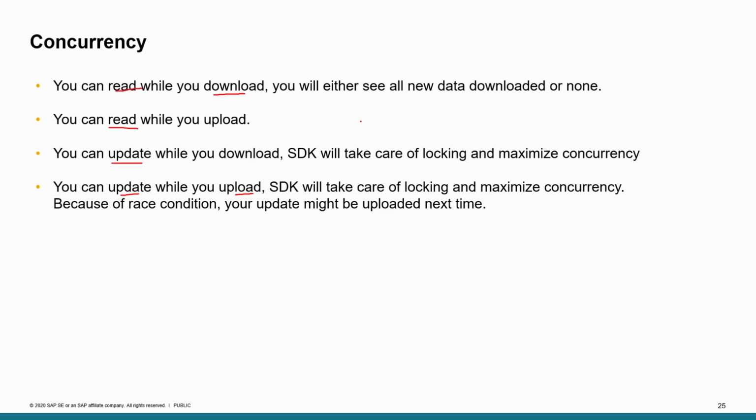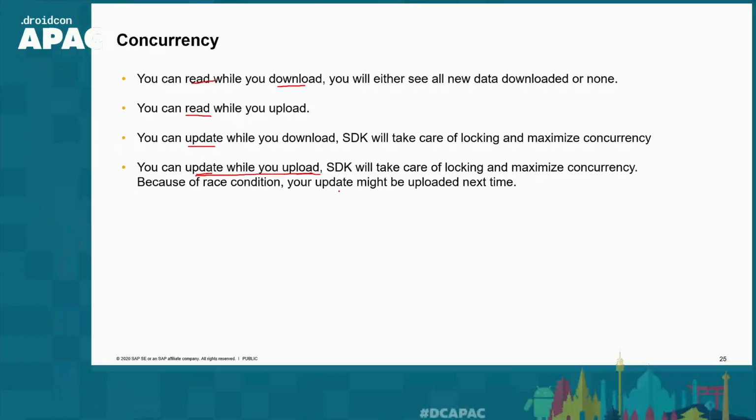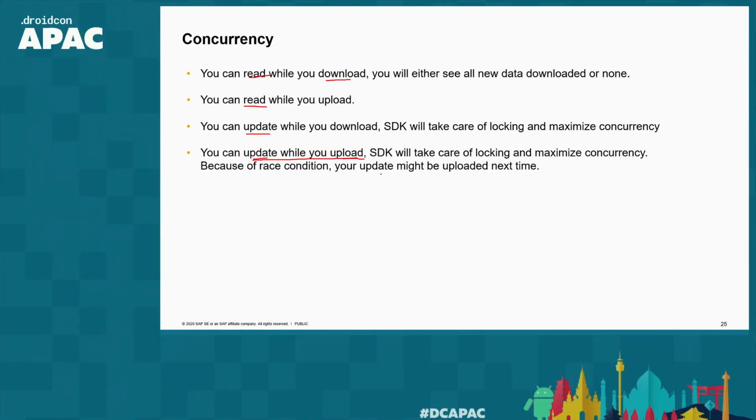We'll never present a parent without a child or a child without a parent. You either see all the new data or none of it. This is what we guarantee, and it also guarantees that when you update or upload, you will never do harm to the local database. An update might be uploaded the next time because of a race condition, but you will never do harm to the local database.